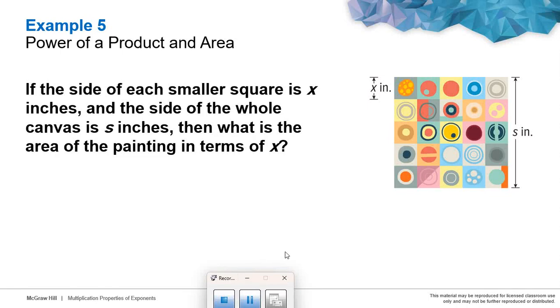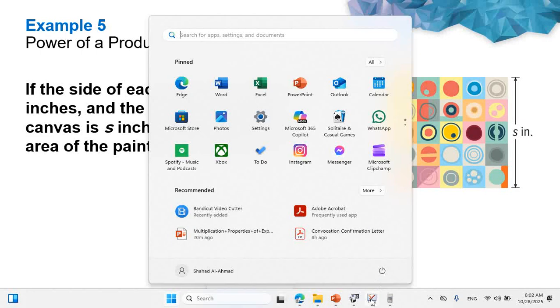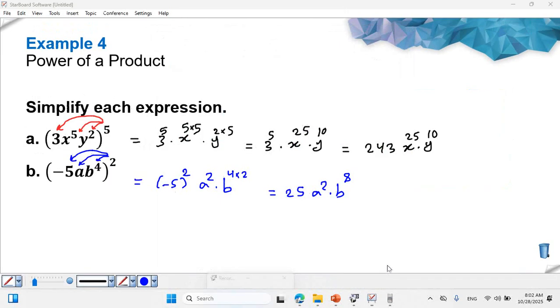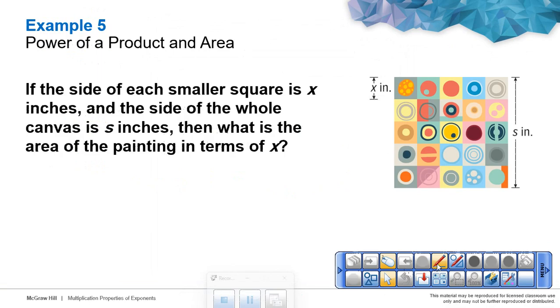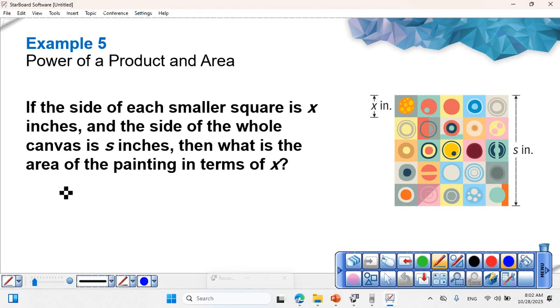Let's start. Okay. The area of the square equals s times s. This equals s squared.